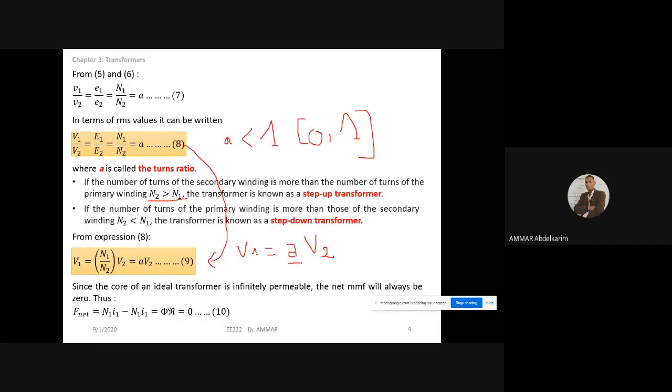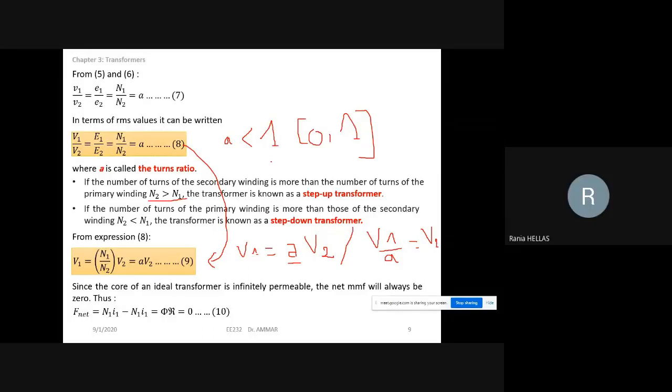So according to this, V2 is greater than V1, because V2 is multiplied by a coefficient less than 1 to equal V1. We can write it like this: V1 over A equals V2. And you know, when we divide by something less than 1, the result will be bigger. Yes or no?